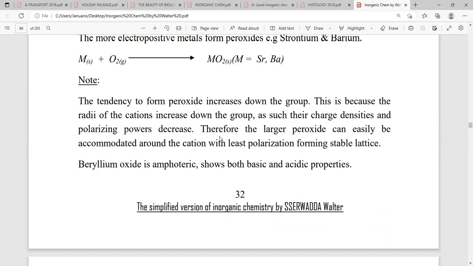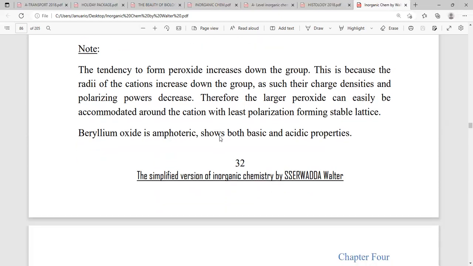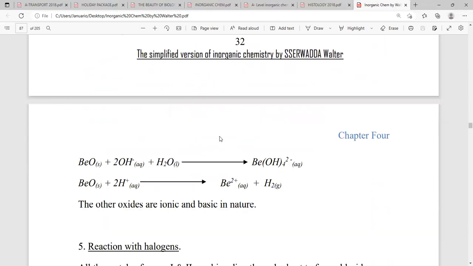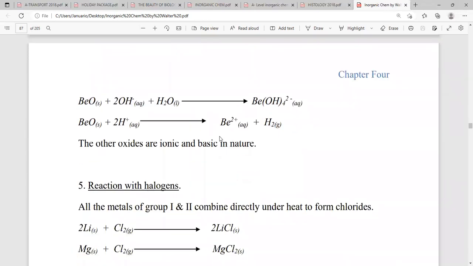But when you look at beryllium oxide, it is amphoteric and shows both basic and acidic properties. We looked at it under diagonal relationship. That means it reacts with both acids and alkalis. And as it reacts with an alkali, in the presence of water, you form beryllium tetrahydroxide.